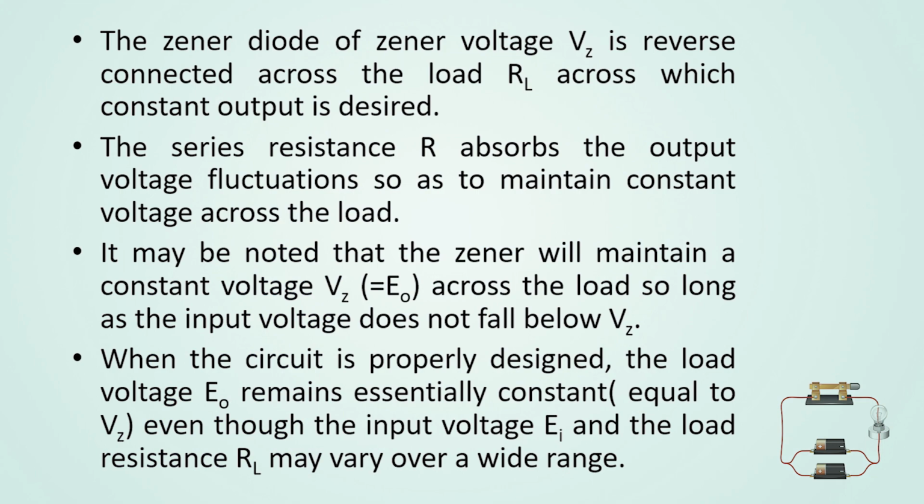It may be noted that the Zener will maintain a constant voltage Vz. As we all know, the Zener voltage is denoted by Vz, and it will be equal to E naught. What the Zener will do is maintain a voltage Vz which will be equal to E naught, the output voltage.